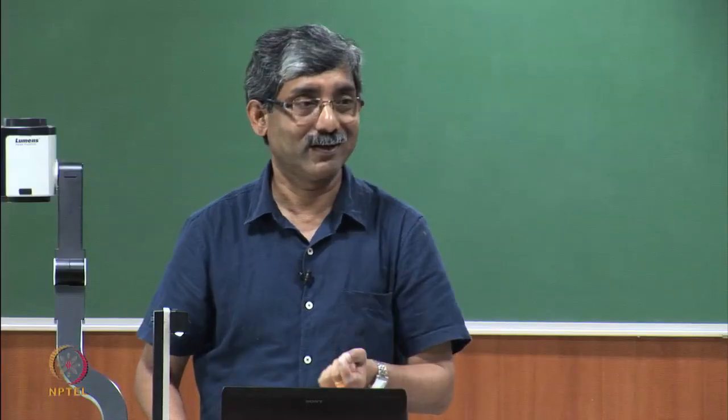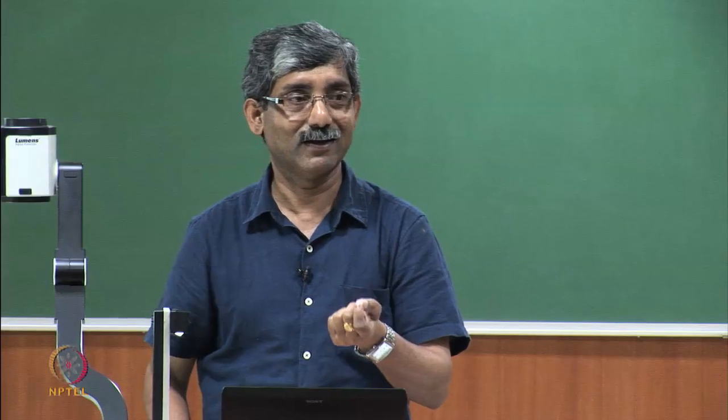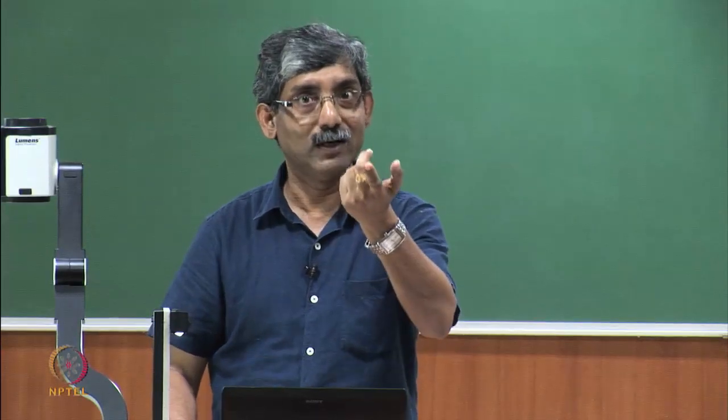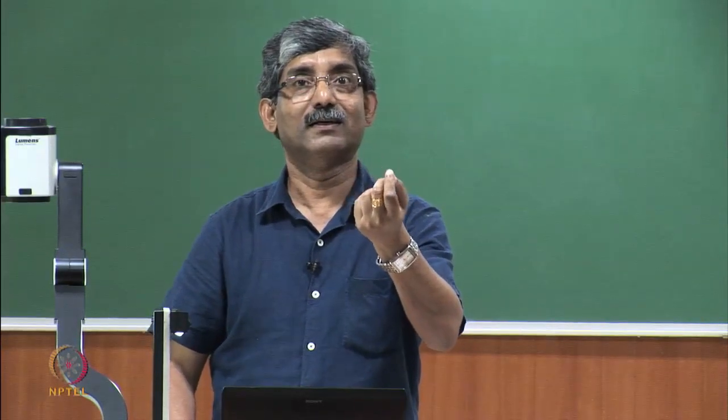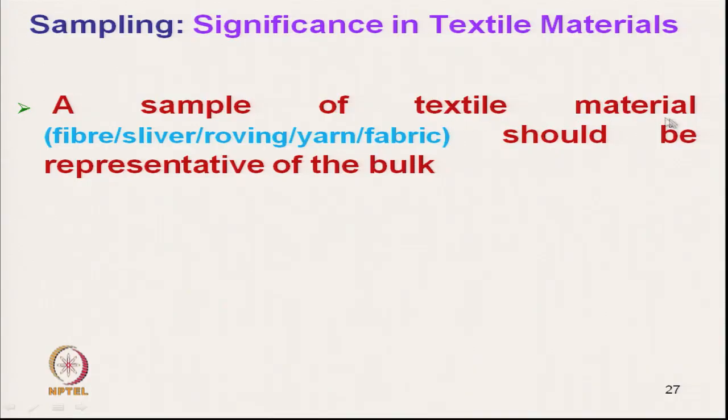And the significance of sampling in textile material: why is sampling important in textile material? As we have mentioned, the only reason is that the sampling of textile material, fiber, sliver, roving, yarn, fabric should be representative of the bulk.